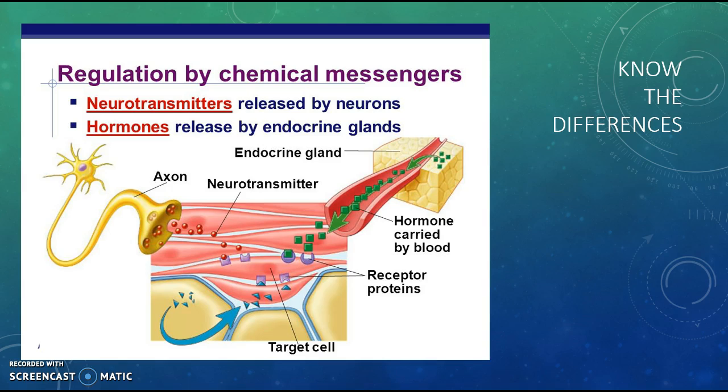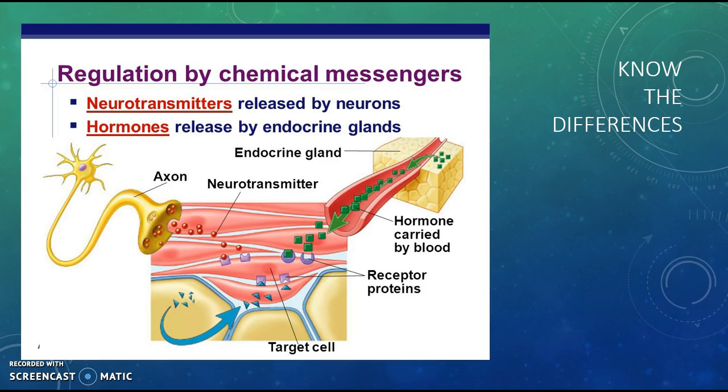The other slower process is our endocrine glands. They release hormones. Hormones are the chemical messengers of the endocrine system. Some of these would be adrenaline. Adrenaline is released from our adrenal glands and gives us extra energy in times of fight or flight.